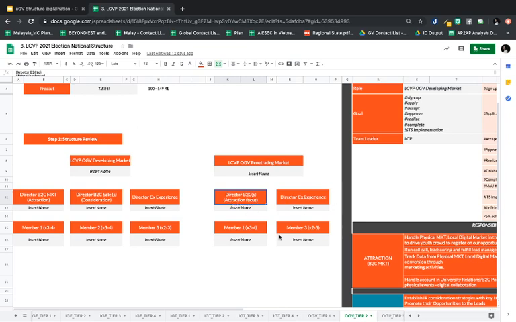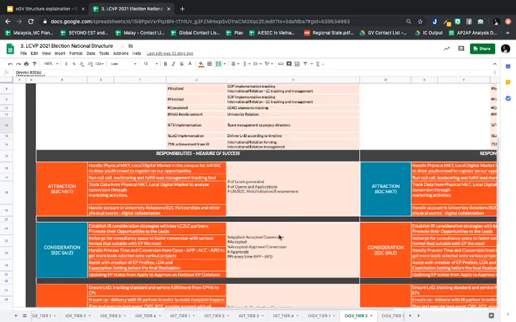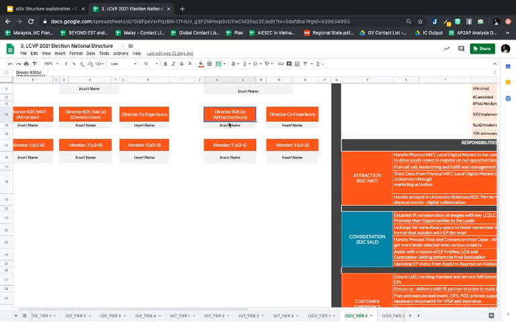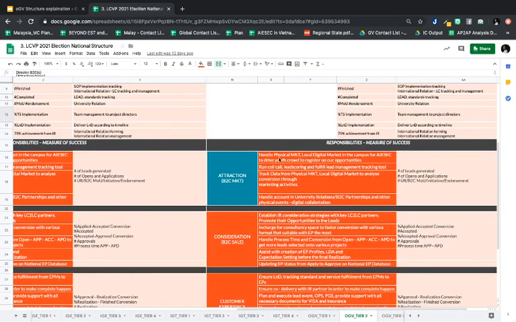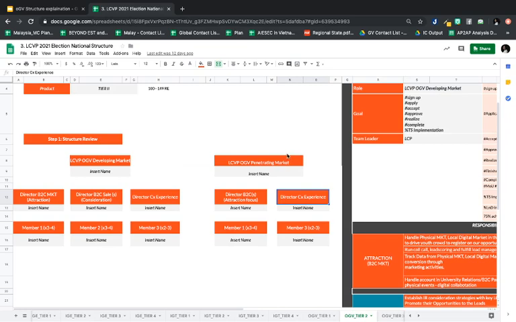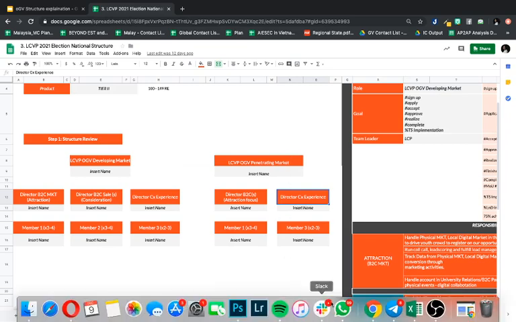But here we would prefer it to be under B2C attraction. This team will focus more on B2C attraction, but when they have a lead, they can proceed with the lead until approval. So they can take care from stranger to approval, and another team takes care of customer experience. This is the only difference between tier 1 and tier 2.